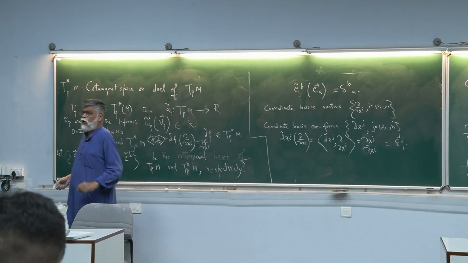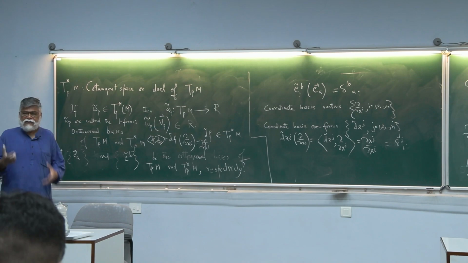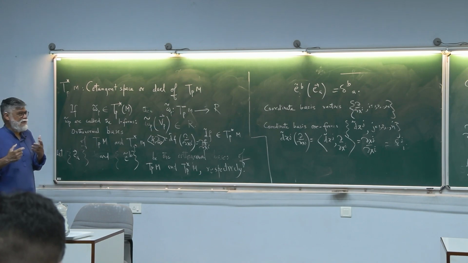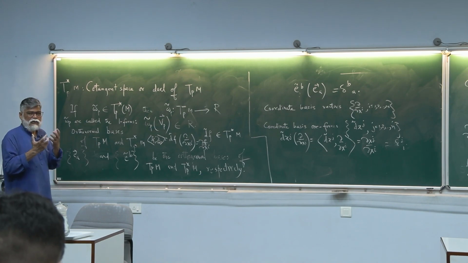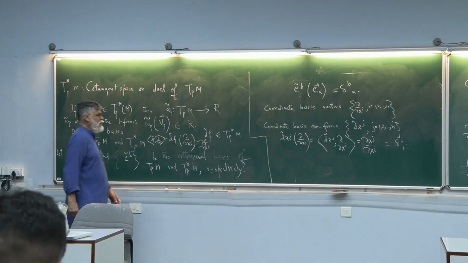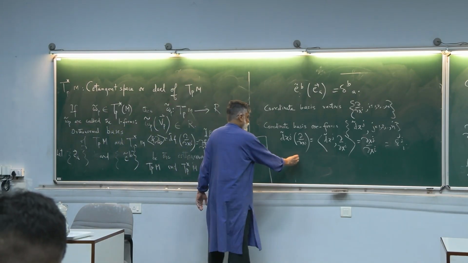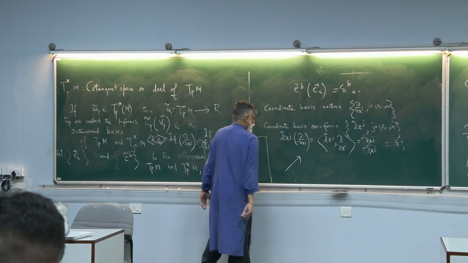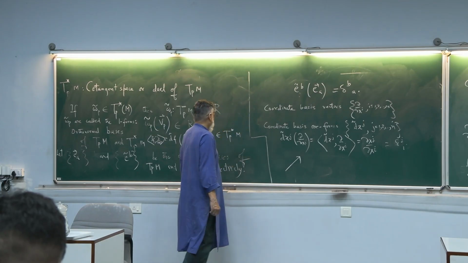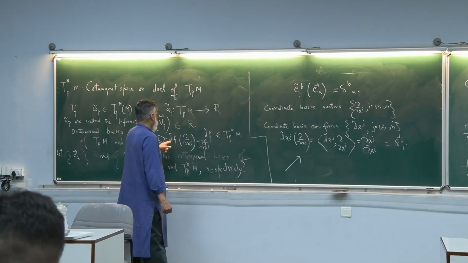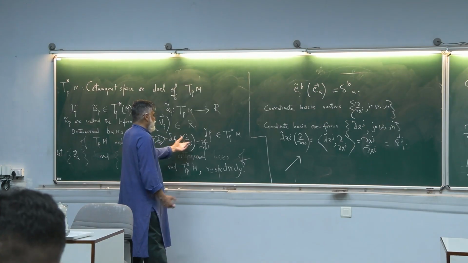So, Misner, Wheeler, Thorne, they use the following pictures, because physicists would always like to use pictures. So, vectors are the arrows, and what are the one forms? Because one forms, when they act on vectors, you get a number.